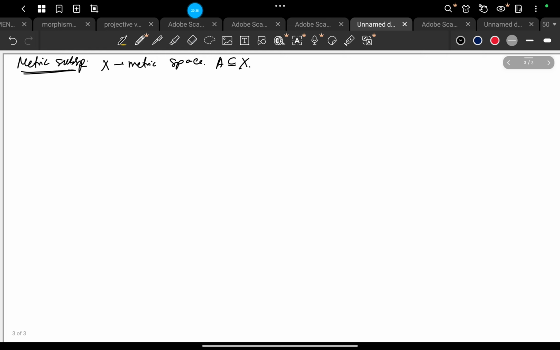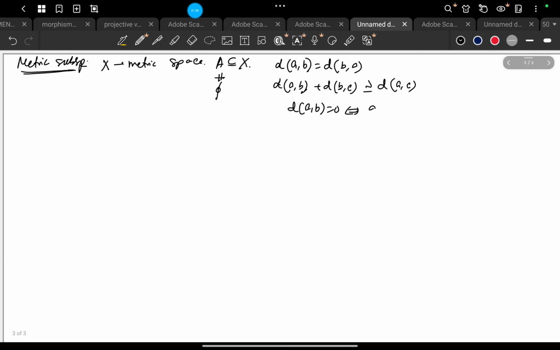But you can easily check that once you have any non-empty subset A of X, then d(A, B) is the same as d(B, A), d(A, B) plus d(B, C) is larger or equal to d(A, C), and d(A, B) is 0 if and only if A equals B, otherwise strictly larger than 0.